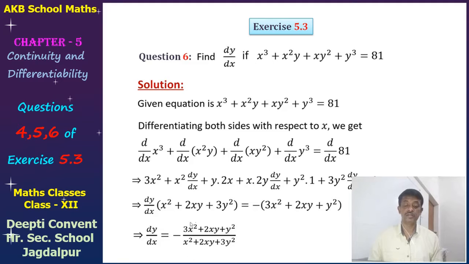So this is the derivative of y with respect to x, that is the value of the derivative. Okay, this was question 6 of exercise 5.3, an implicit function. That's why we are differentiating directly, then collecting dy by dx and getting dy by dx equal to this.